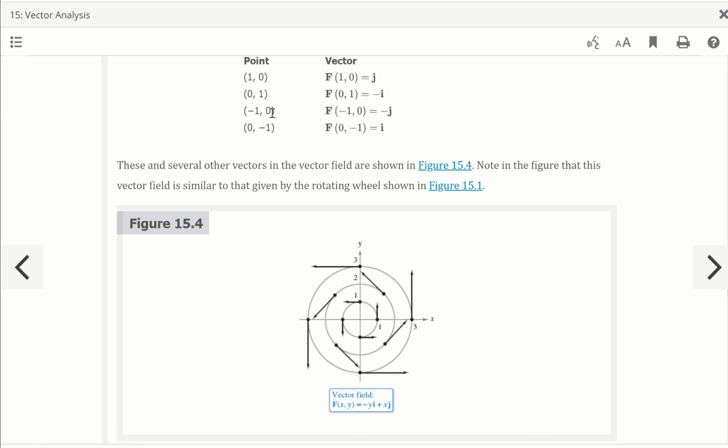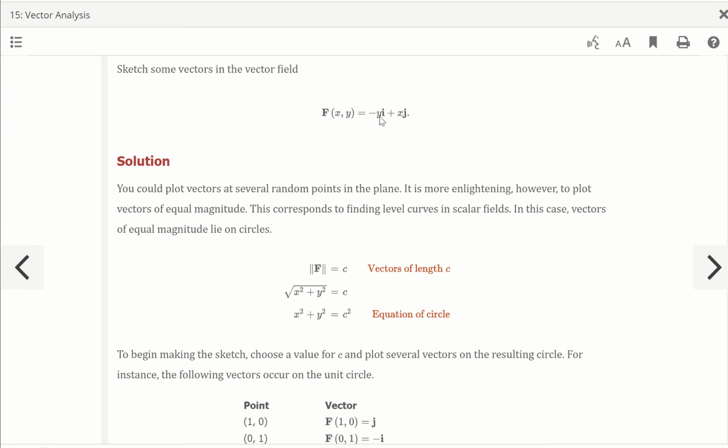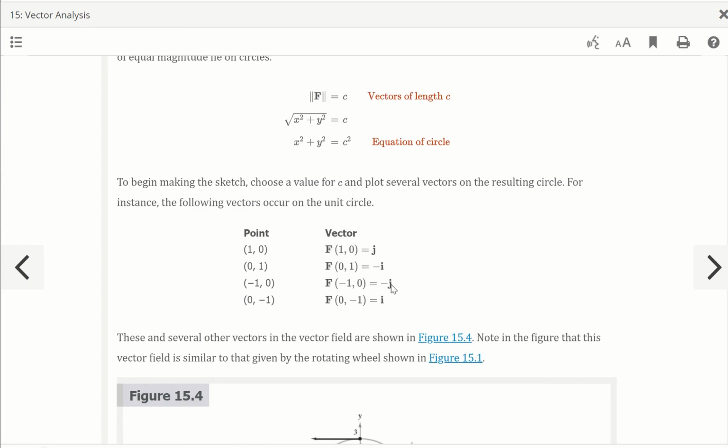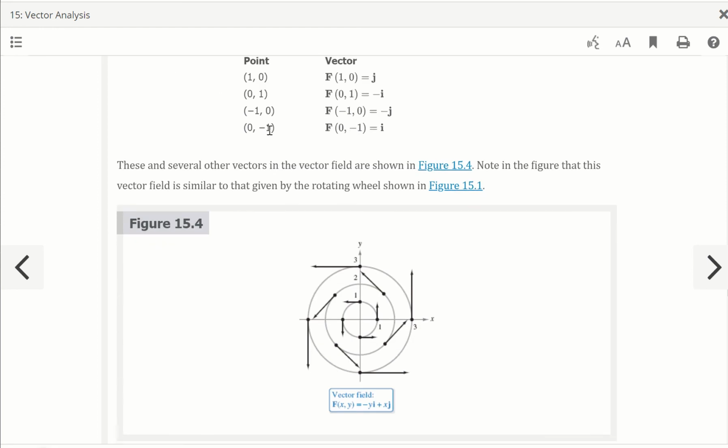At (-1, 0), when x is negative 1 and y is 0, if we plug that into our vector field, that would produce negative j. So at (-1, 0), which is here, we have a vector that points down with magnitude 1. And at (0, -1), I would get the vector i.